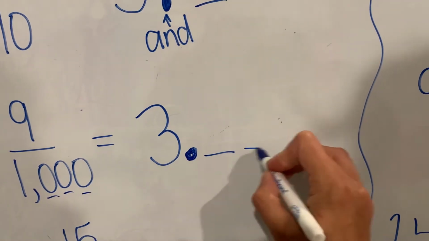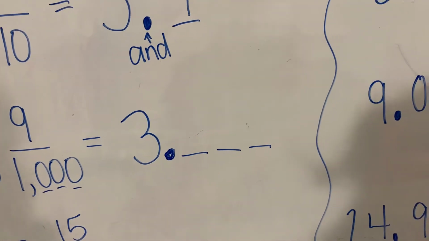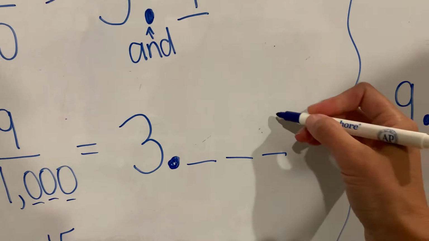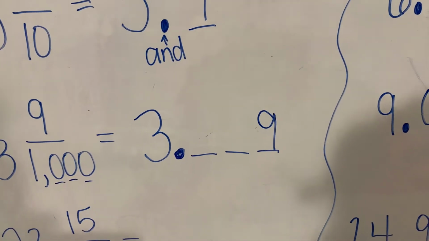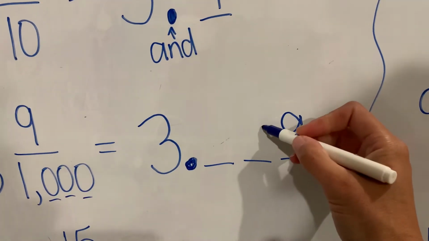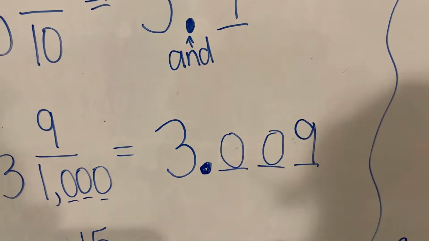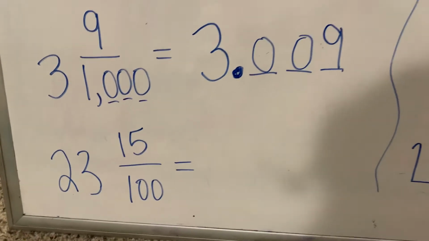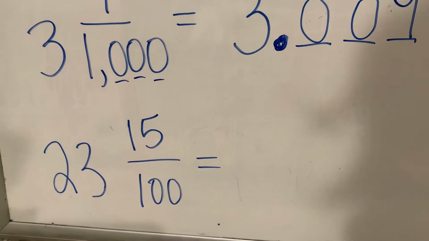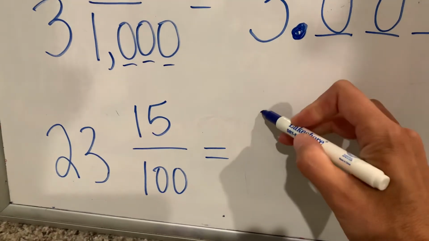So I like to put in my 3 spots. So 9 thousandths. So what I'm going to do is I'm going to put my 9 in the thousandths place because that's what it's telling me that I need. And then since I don't have any hundredths, I put a 0, and don't have any tenths, I put a 0 as well.